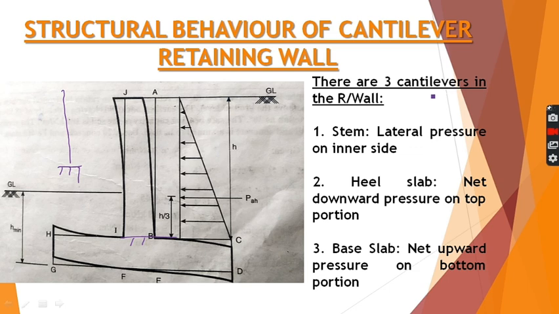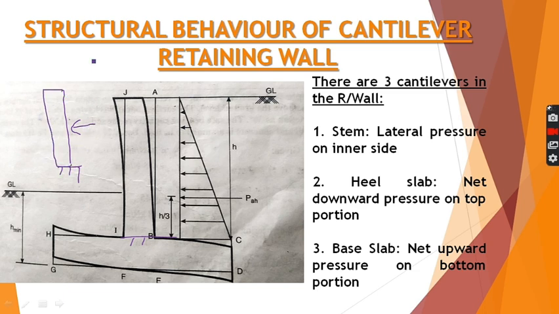To study the cantilever action, we must know the direction of load, which is very important. For the stem, the most prominent force acting on the stem, which will lead to the cantilever action, is the earth pressure, PA. So this is your stem and this is your earth pressure.